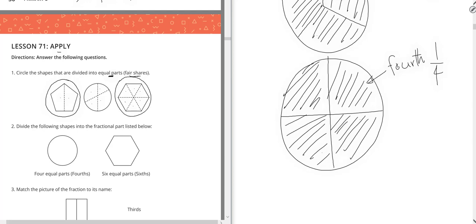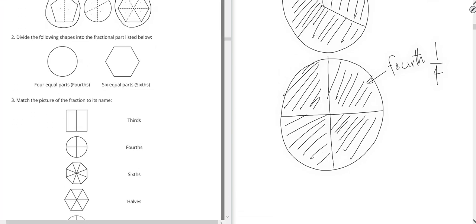Number 2, divide the following shapes into the fractional part listed below. The first shape, 4 equal parts. Divide it into fourths. Okay, so we can divide it into halves, then 4.